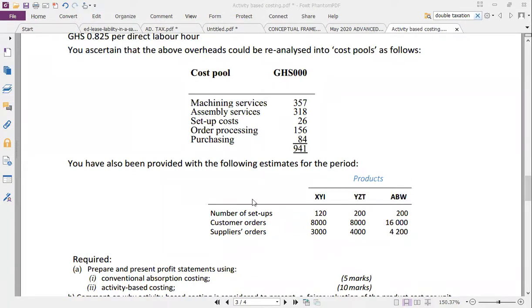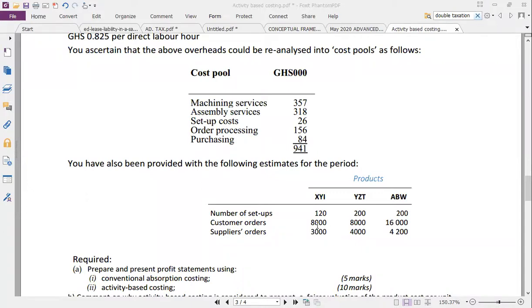Then pick customer orders, and let's key in 156,000.